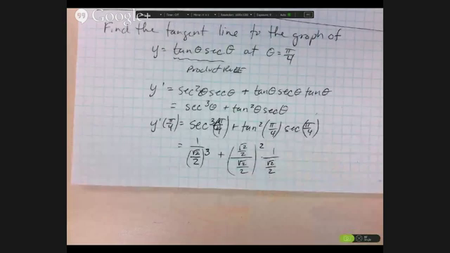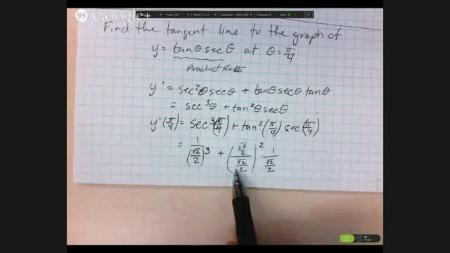That's a mess. So 2 over root 2 cubed plus 2 root 2. This one's really easy.